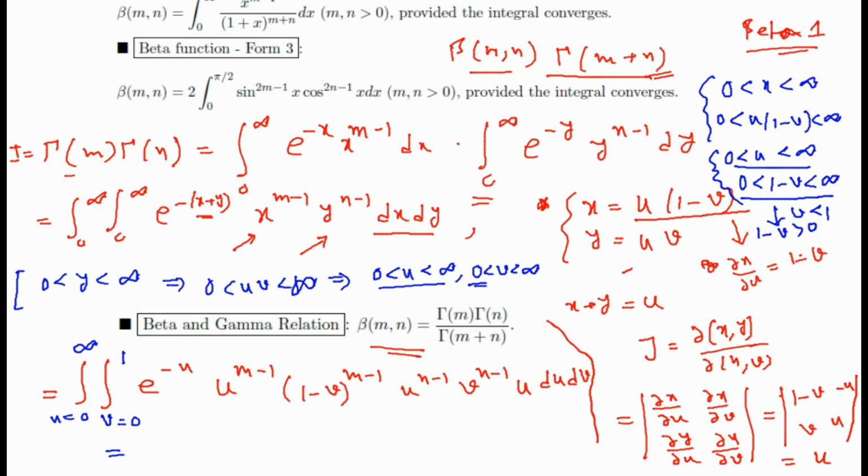Now we are just trying to separate those limits. So the integral from 0 to infinity of e to the power minus u, u to the power m plus n minus 1 du, times the integral from 0 to 1, which is the limit of v, of v to the power n minus 1, (1 minus v) to the power m minus 1 dv.